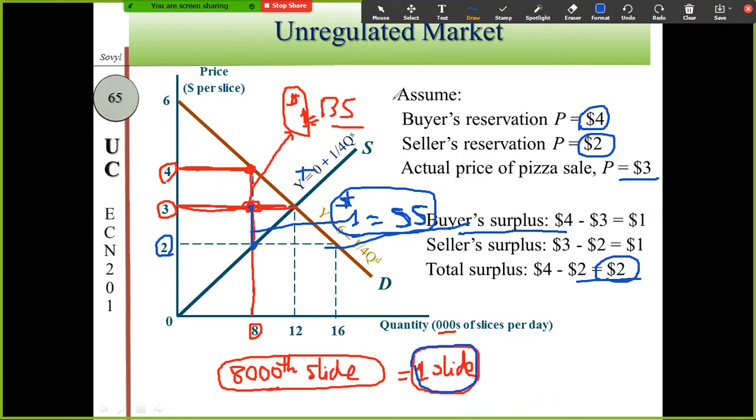The difference, in mathematics or statistics, means minus. The difference between 4 and 3 is 1. The difference between 4 and 2 is 2. This is only one slide at 8,000 slides, so total surplus is $2.